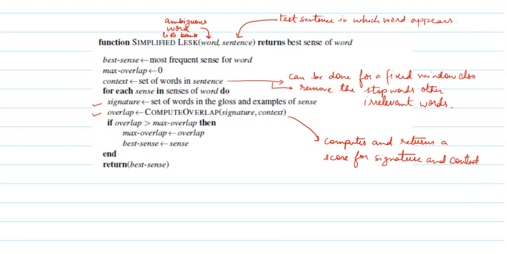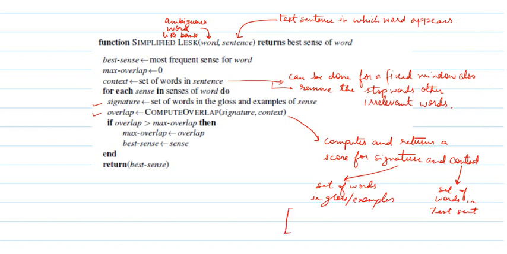So we have this context as a set of words in the test sentence, and this is the set of words in gloss and examples. So we compare these two sets of words. We have a kind of list which is having words.